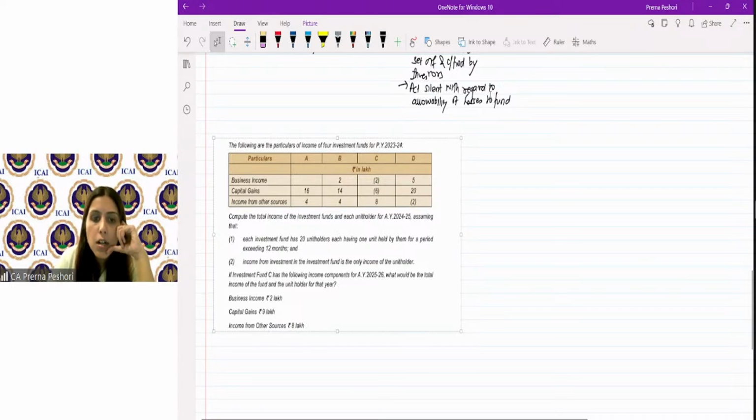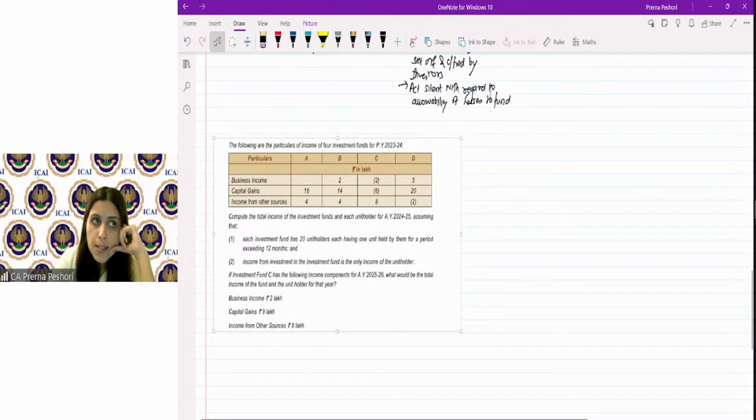So the business income of the fund is nil because it is not there. Now the 20 lakh which is there, the capital gain and other sources, that is not going to be the income of the fund. That will not be the taxable income. Of course, it's the income of the fund, but that will be treated as a pass-through income, right?